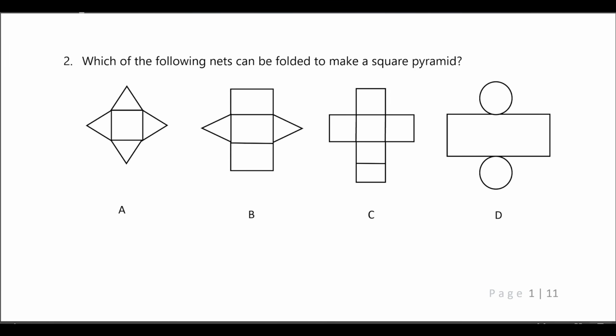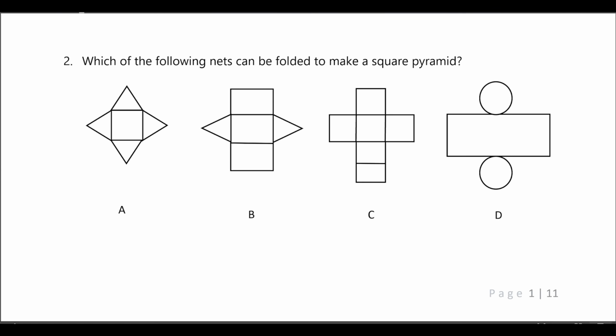Question 2. Which of the following nets can be folded to make a square pyramid? What then is a square pyramid? So we know that a square pyramid is a pyramid whose base shape is a square. The one thing about pyramid is that the name of the pyramid is always derived from the shape of its base.